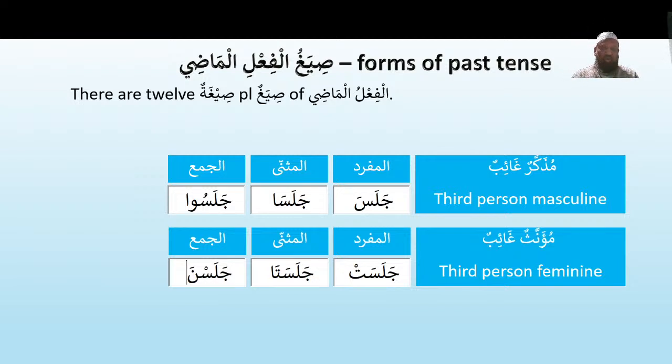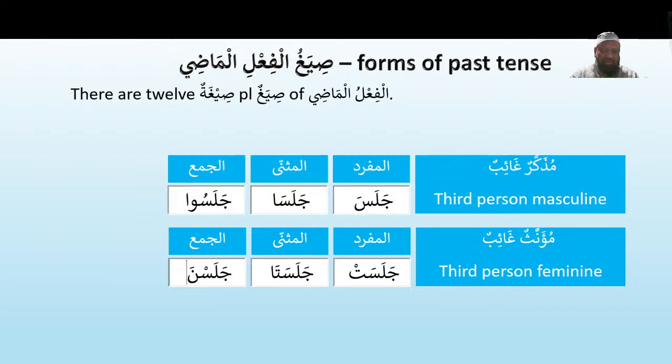And جلسوا, the واو is واو الجماعة, جمع مذكر غائب. جلست مفرد مؤنث غائب. جلستا, the alif is ألف الاثنين, so مثنى مؤنث غائب. And جلسنا جمع مؤنث غائب.